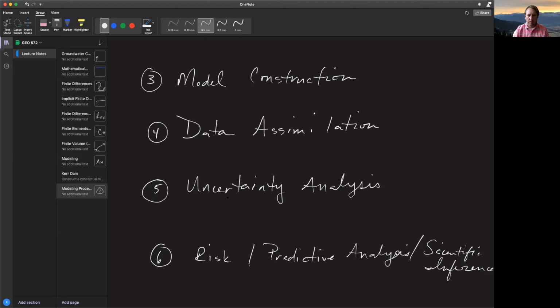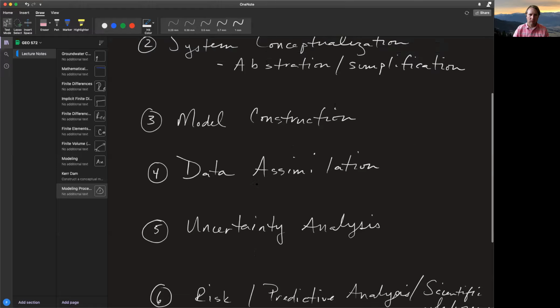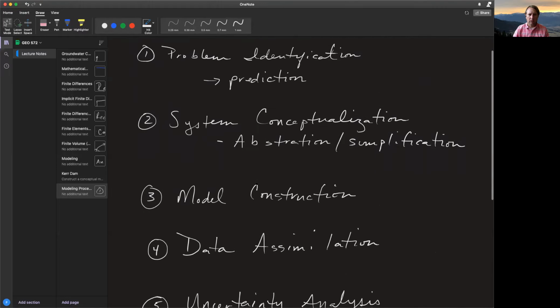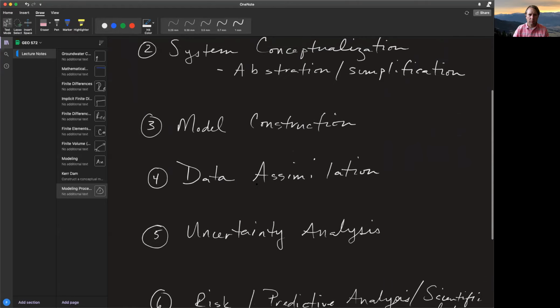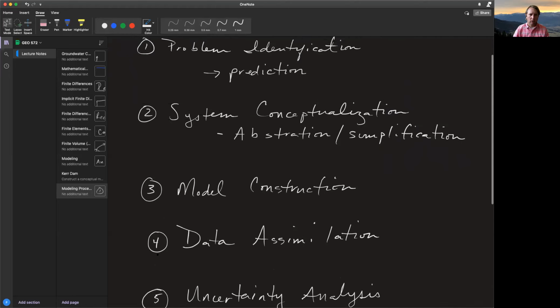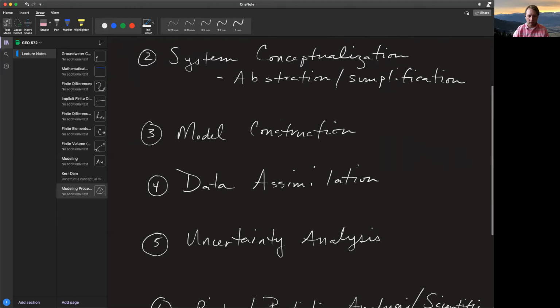Okay, now the second thing that I want to say is this is sort of a general flow, and it looks like it's step by step, but in reality, this is an iterative process. And that is that as we assimilate more data, as we do uncertainty analyses and look at risks, we're probably going to want to go back and understand how our conceptual model affects our outcome, right?